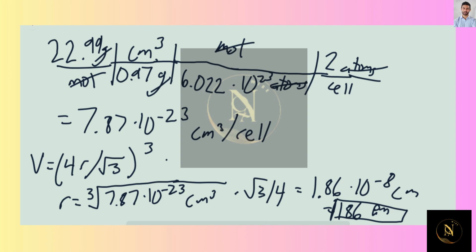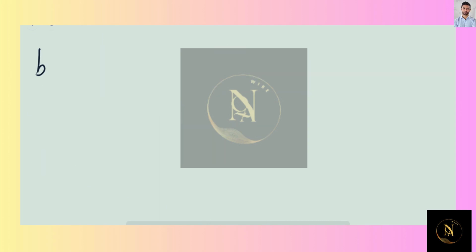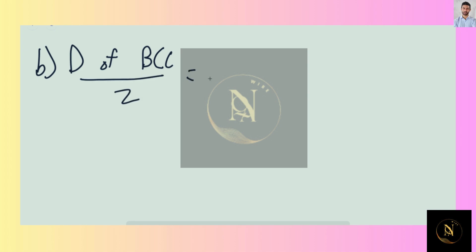Letter B asks us to determine the density if it were a cubic close packed unit cell instead of a body-centered cubic. The density of a BCC cell, which is what we have, divided by 2 is going to equal the density of a cubic close packed.